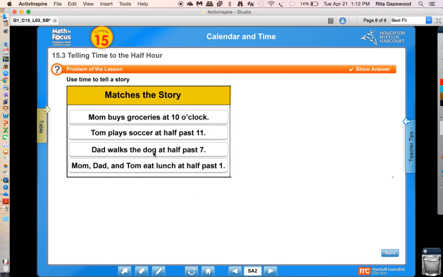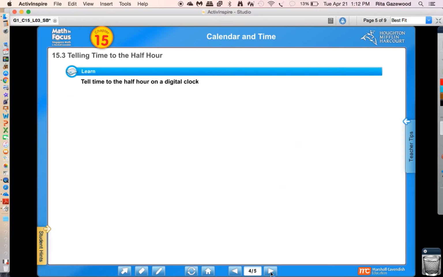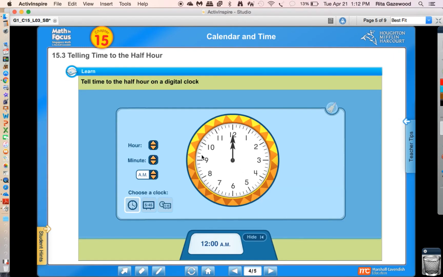Dad walks the dog at 7:30. So there's 7, and then I want to go 7:30.